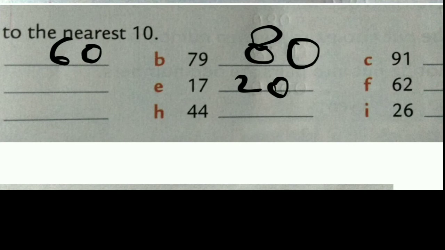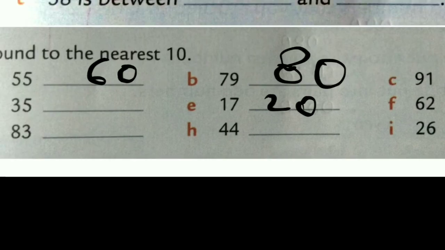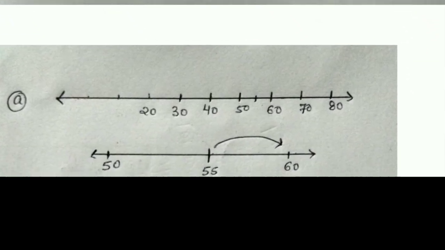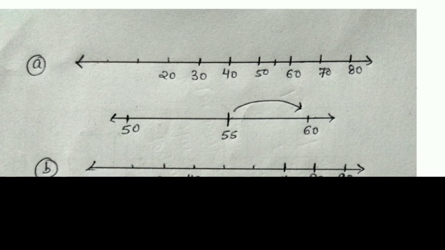Question number 2. Round to the nearest 10. 55 is closer to 50 and 60. See, 50 and 60. But 55 is the midway. So midway will go to the next number.